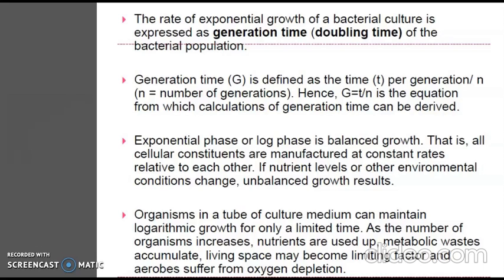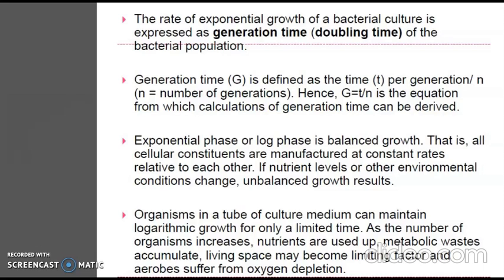Exponential phase or log phase is balanced growth. That is, all the cellular constituents are manufactured at constant rates relative to each other. If nutrient levels or other environmental conditions change, unbalanced growth will result.